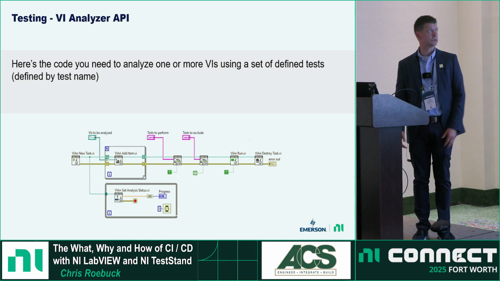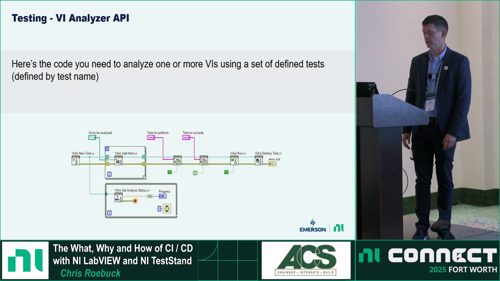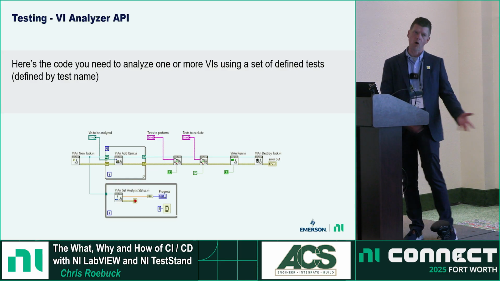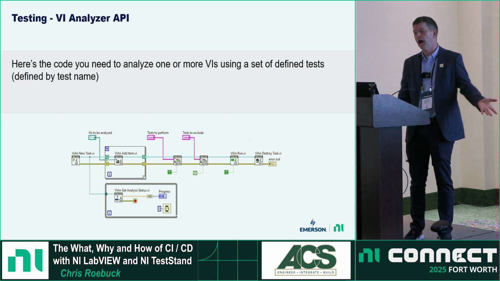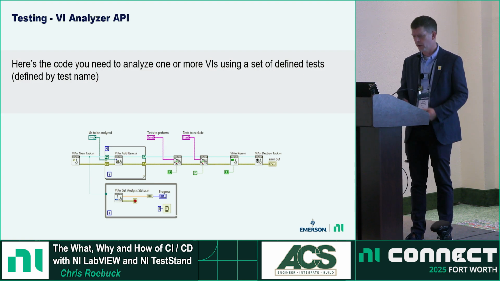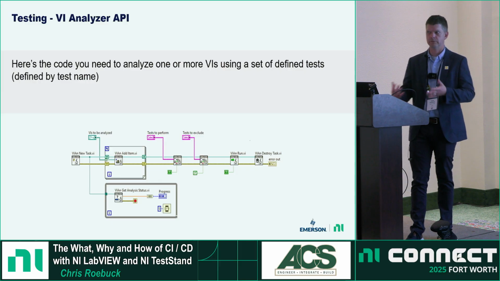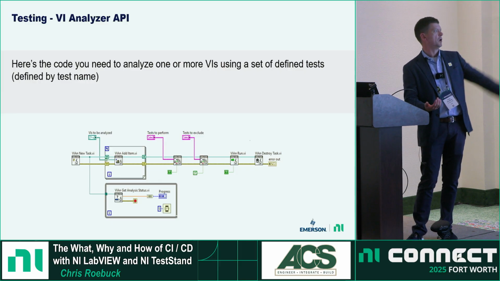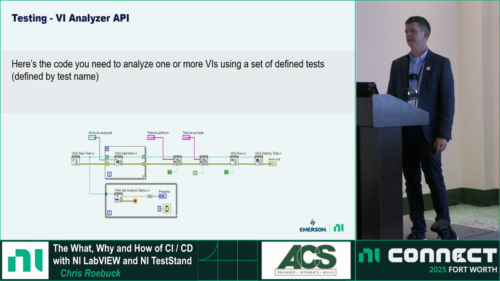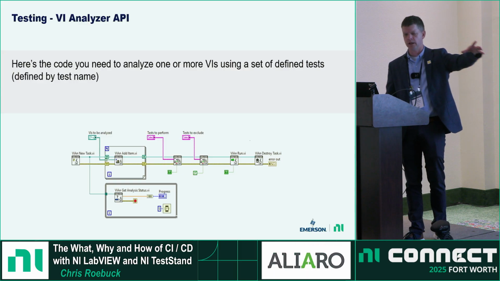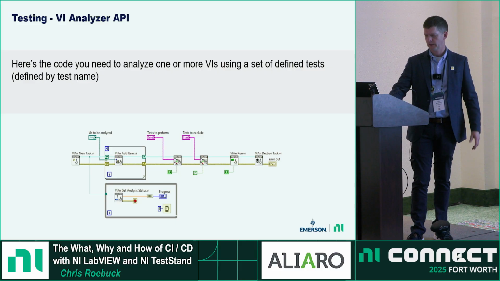Well, even better, you can actually just give it a list of VIs that you want to analyze and a list of tests that you wish to perform on those VIs, and it will run. So we're not writing huge amounts of code to be able to automate these things. We've dropped down, 7 VIs down there, and now we've got something that we can use to analyze our code.